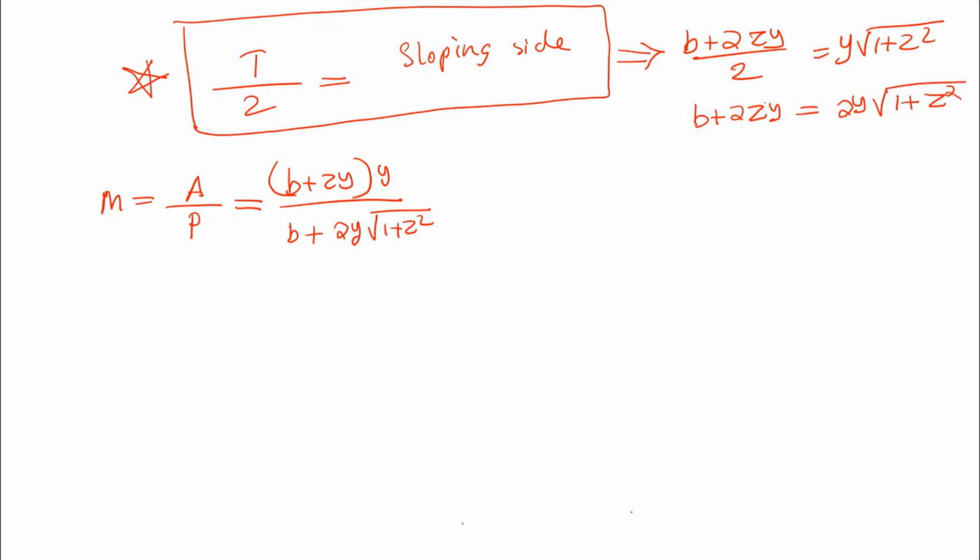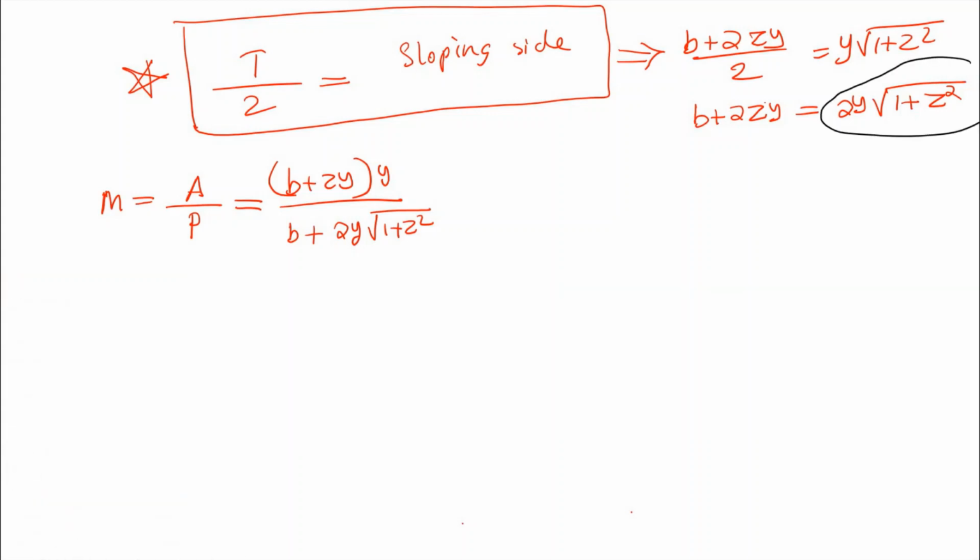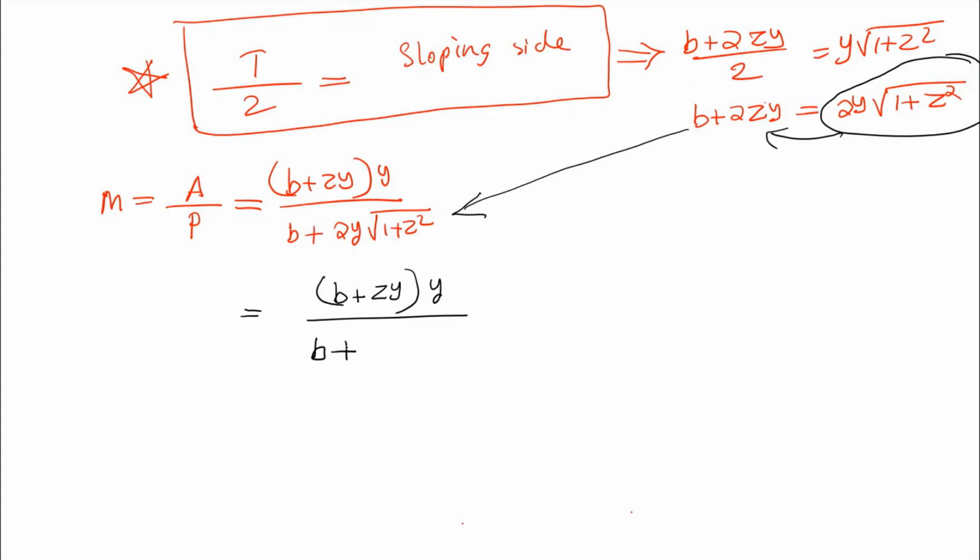So for 2y into root of 1 plus z square, I can substitute this value with b plus 2zy in the denominator of this equation. Then it will become b plus zy into y divided by b plus, instead of 2y root 1 plus z square, I am writing b plus 2zy itself.